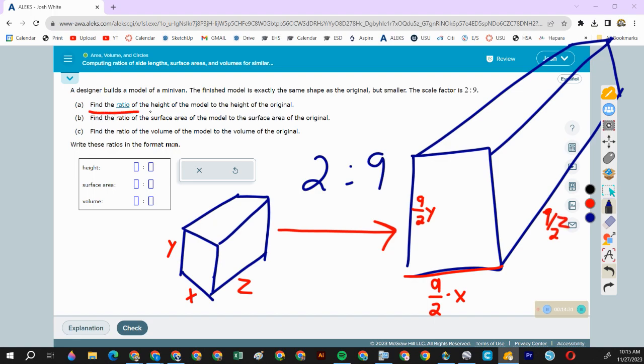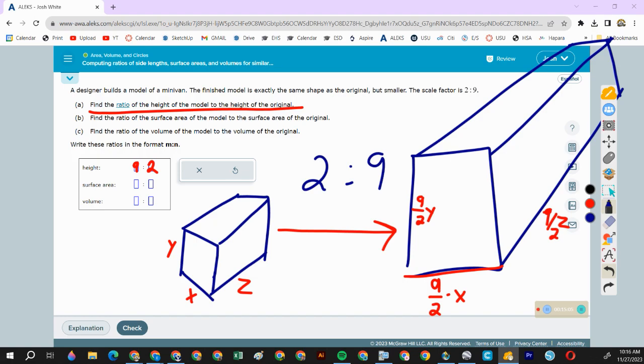So find the ratio of the height of the model and the height of the original. Which way does it want me? Write these ratios in the form m to n. And it doesn't tell me which one's m and which one's n. I think it's going to be 9 to 2.